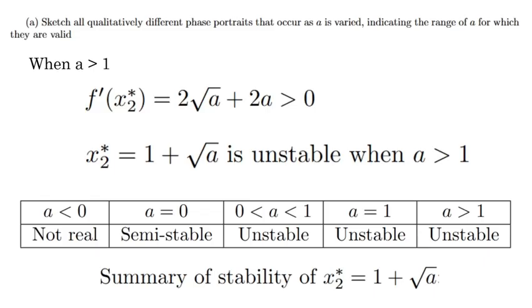And here we just have a summary that the equilibrium solution x2 is equal to 1 plus root a. It's not real when a is negative. It's semi-stable when a is equal to 0. It's unstable in the range of a from 0 to 1. It's also unstable when a is equal to 1. And it's unstable when a is greater than 1.